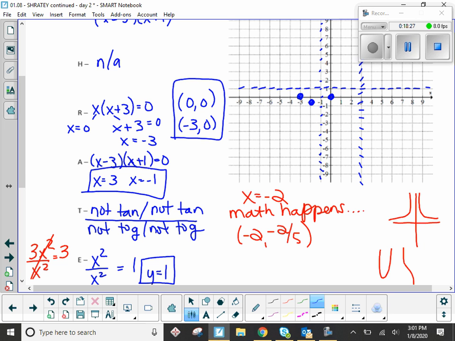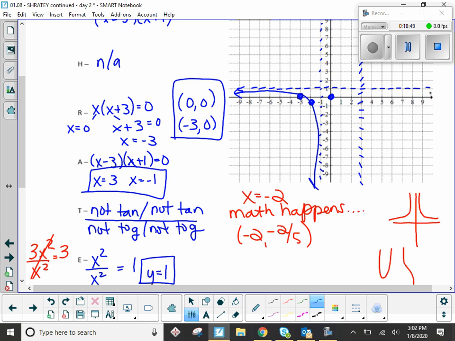and now you know that this part of the graph is going to be below the horizontal asymptote. It's going to go like this. It's going to approach that horizontal asymptote there. Okay. And that's money, because now that I have one basic part of the graph, I don't really have to do too many more test points.